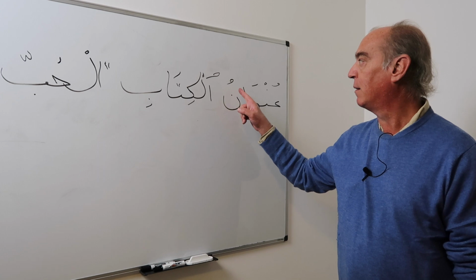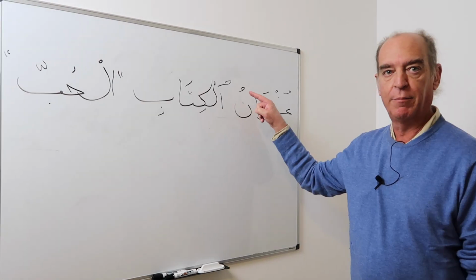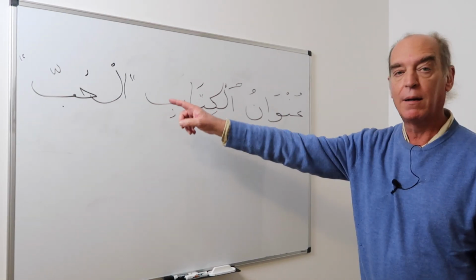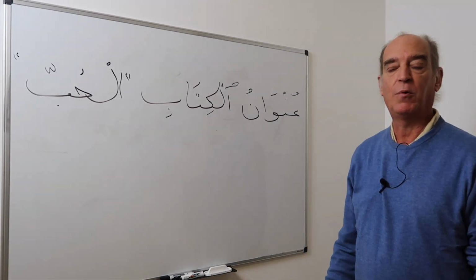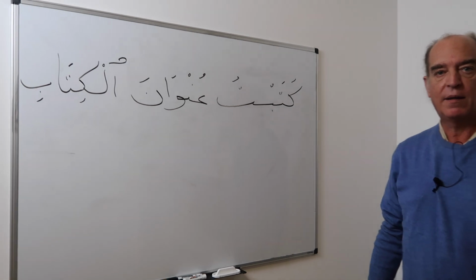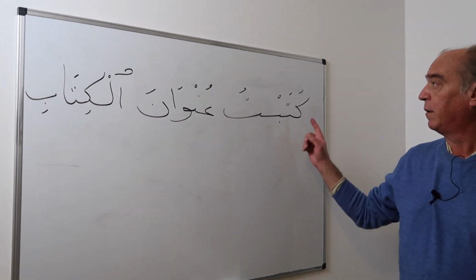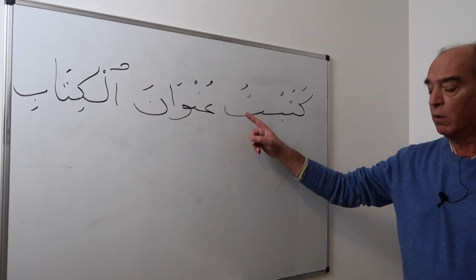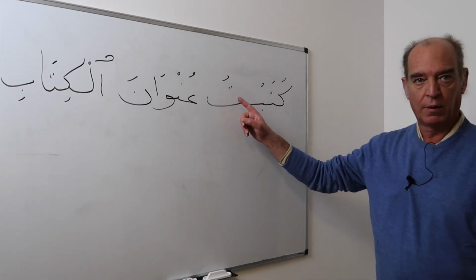That's why we have it in nominative, because it's the subject of a nominal sentence. In this second example, you read كتبت, which means I wrote.